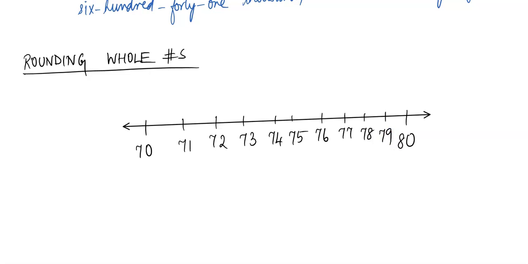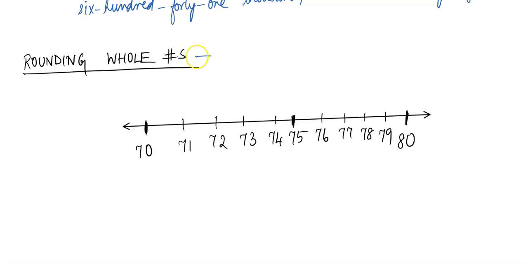I know it's not equally spaced. I was afraid I would run out of space. All right. Let's make that the middle mark. And this is the left end and this is the right end. Now, whenever we round a whole number, we like to round it to the nearest 10.